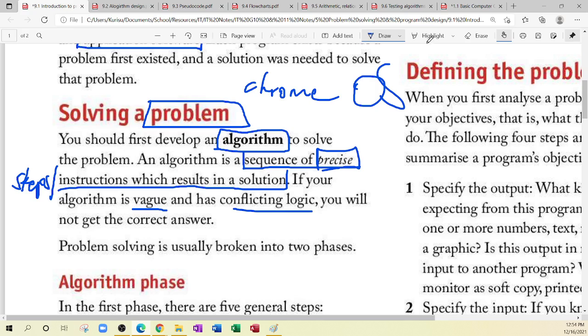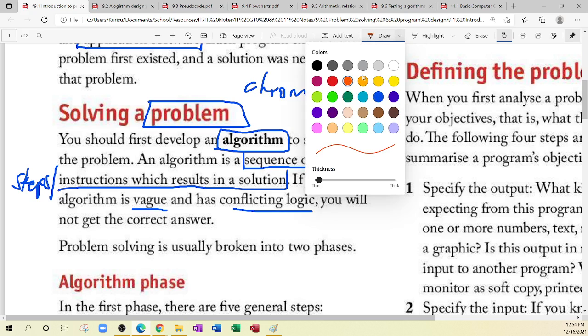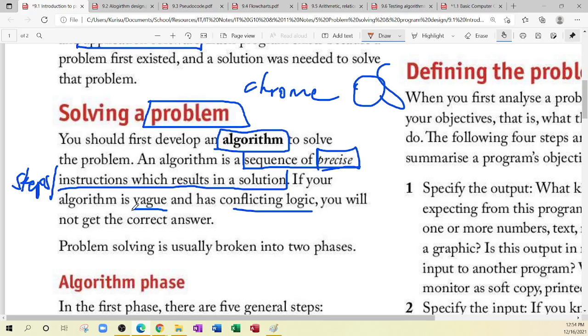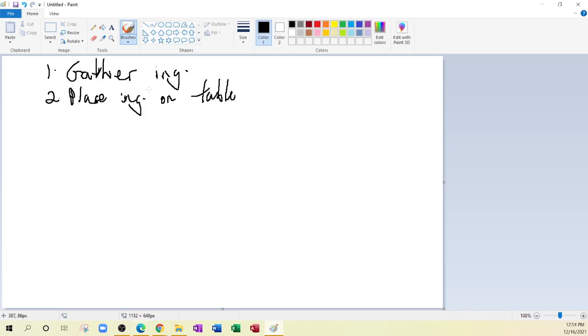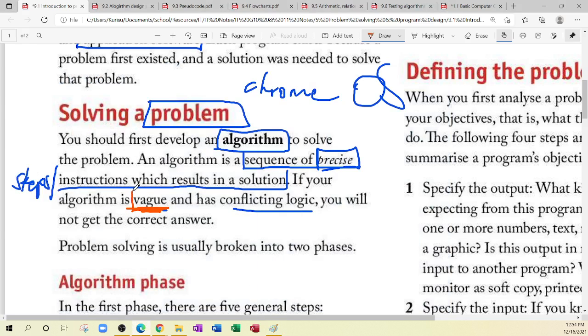So when you're developing this algorithm, this series of steps, not only for a program, because if you notice right now, we are developing an algorithm for creating a sandwich. If you're not clear as to what you have to do, then you will not get to the correct answer. You will not get to an effective solution.